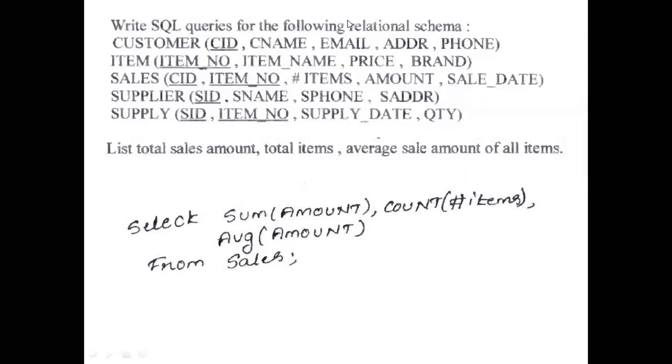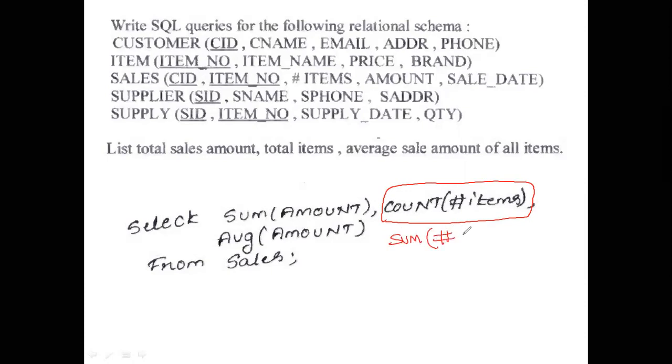So here again one modification we can make if required. So here this one, count of items, or we can use sum. Again, there is a difference between these two aggregate operators. So don't use this, use this one. Based on the question asked here, it is total items, so total items means this one.